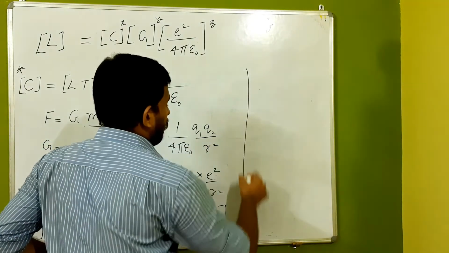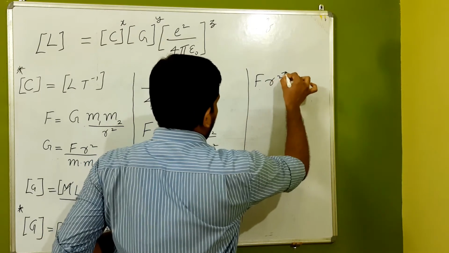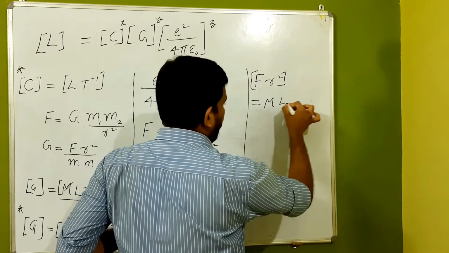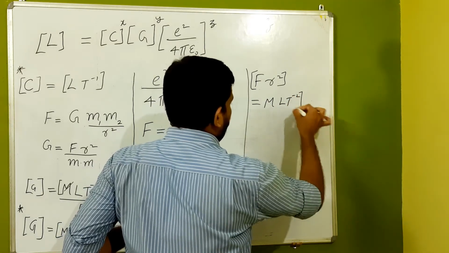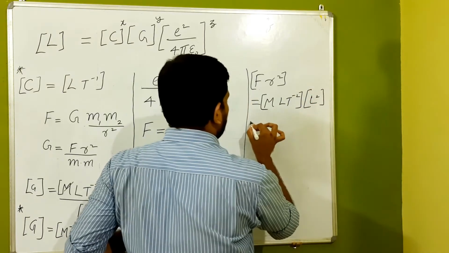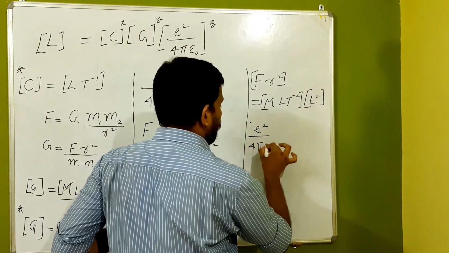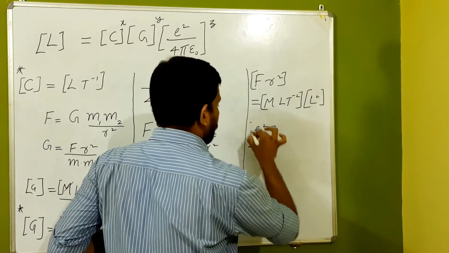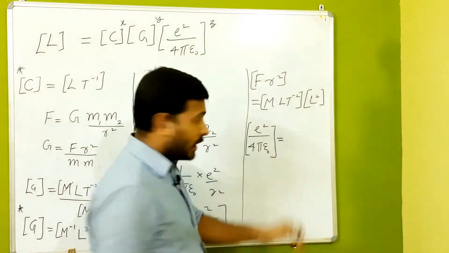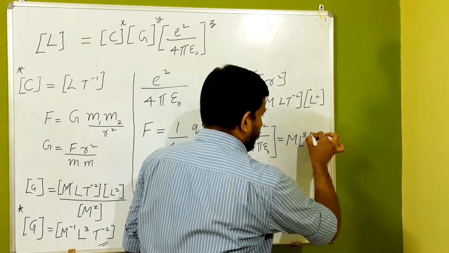So we know that the dimension of force is mass into acceleration. So therefore we get mass into acceleration is L t raised to minus 2 into L square. So therefore we get the dimension of e square by 4 pi epsilon 0 is equal to, this L and L square combines, and we will get m L cube t raised to minus 2.